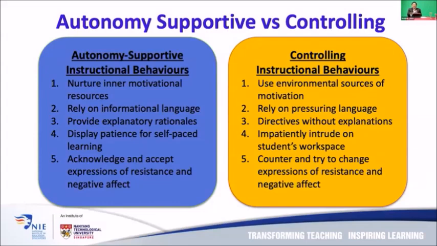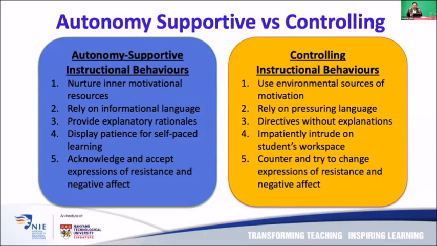And finally, autonomy supportive teachers acknowledge students' negative feelings in the class. They feel for the student, they try to see things from the student's perspective, and when students resist learning or show negative feelings, they acknowledge it, and they accept the student's behavior as part of frustration, learning, etc. But in a controlling context, the teacher will not stand this kind of so-called nonsense.